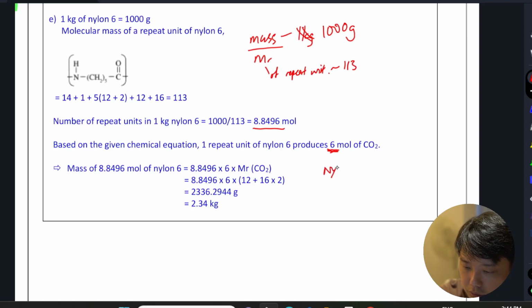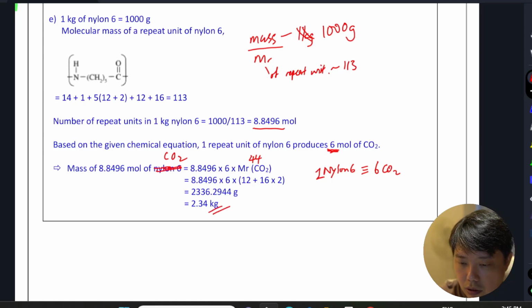So nylon 6 is equivalent to 6 carbon dioxide from the equation. Okay, so 1 of nylon 6 will give you 6 carbon dioxide. Okay, so you need to take that and then you multiply by the MR of carbon dioxide, which is 44. Okay, so that will give you the mass of carbon dioxide, not nylon 6, carbon dioxide. Okay, so this is the carbon footprint of nylon 6.